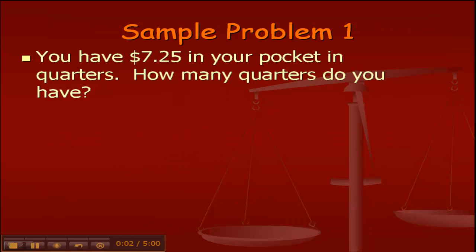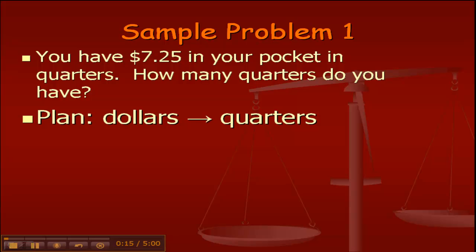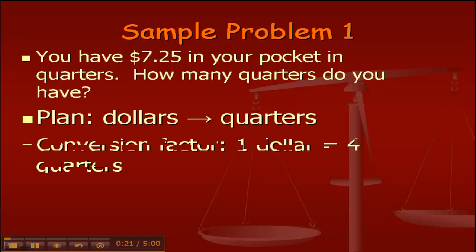So here's another example that would be pretty common, and you could solve this with no trouble. So you have $7.25 in your pocket in quarters. How many quarters do you have? Well, following our steps, we can see that we have dollars and we're trying to go to quarters. So we need a conversion factor. So we know that $1 is going to equal 4 quarters.